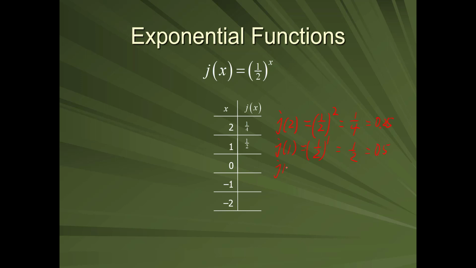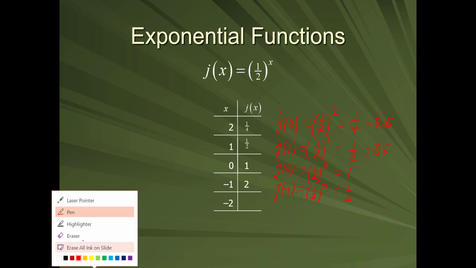And then j of 0, again, half to the 0 power becomes 1. And then j of -1, that's half to the negative first. Okay. And that becomes, we're going to flip the denominator.